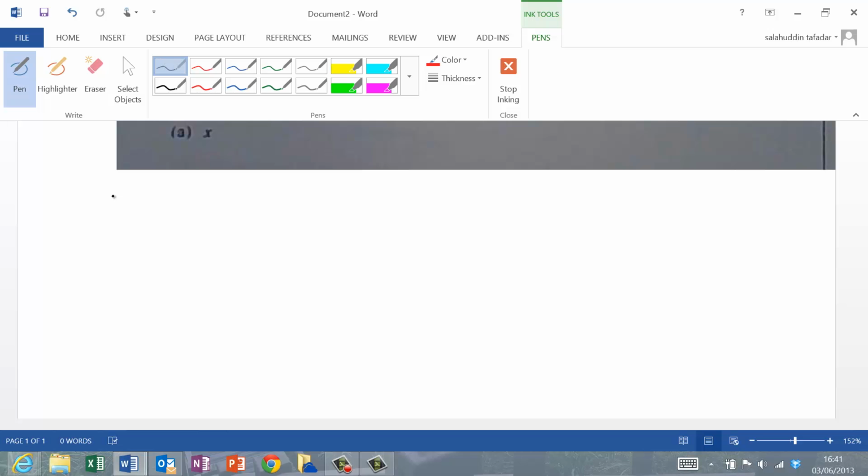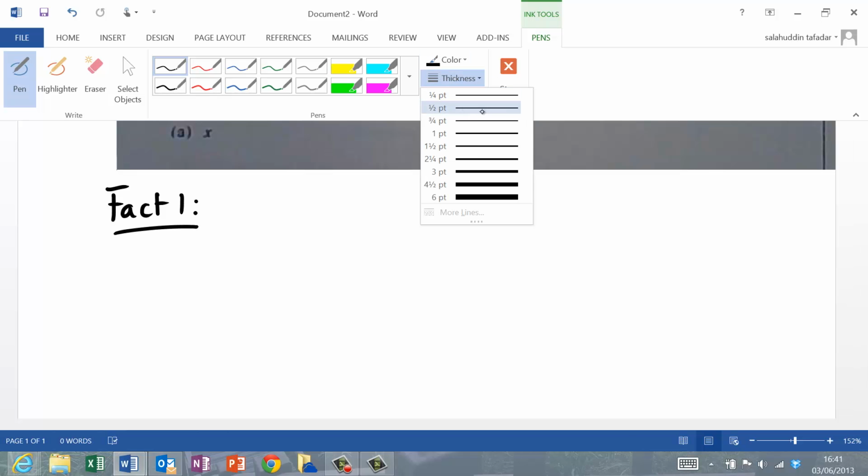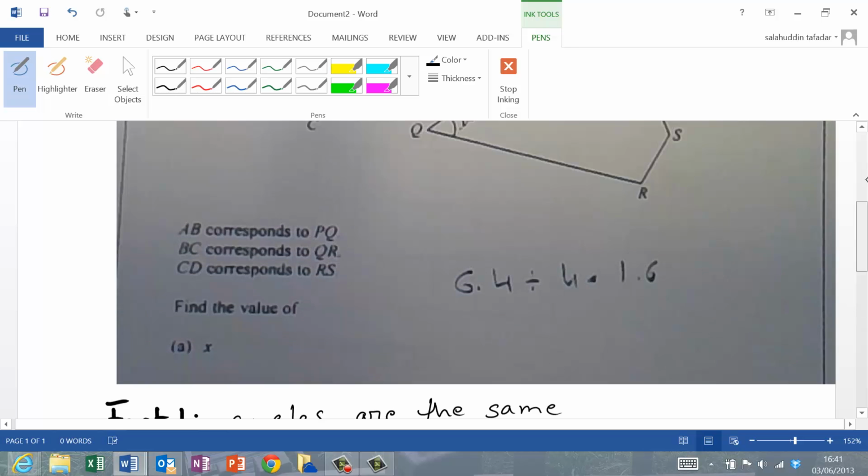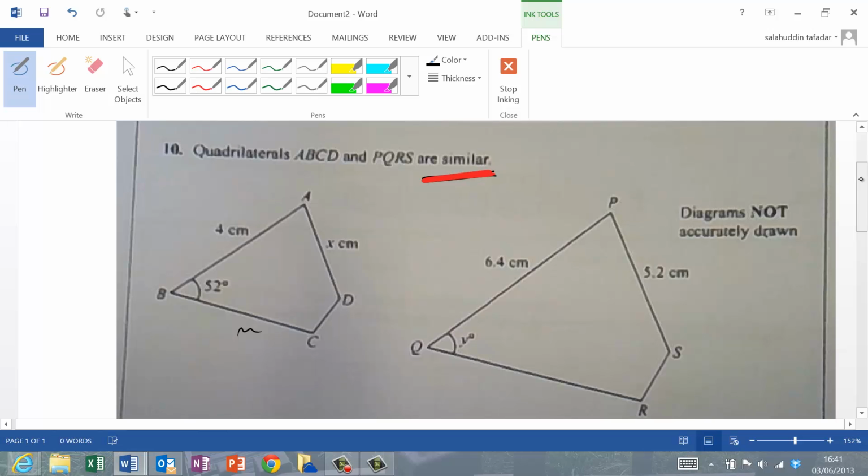Fact number one is that the angles are the same. What do I mean by this? For example, this angle here is 52.